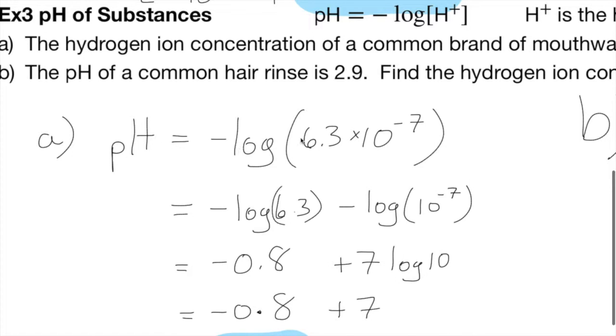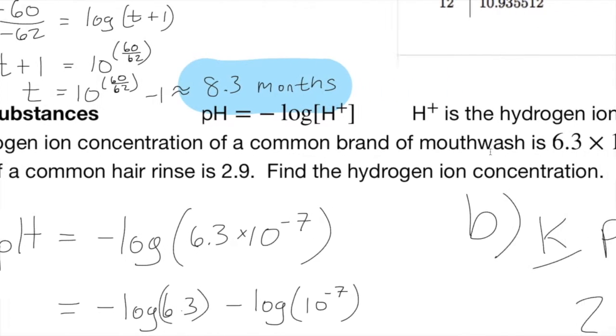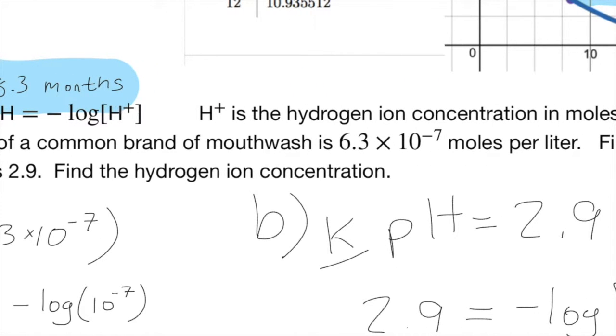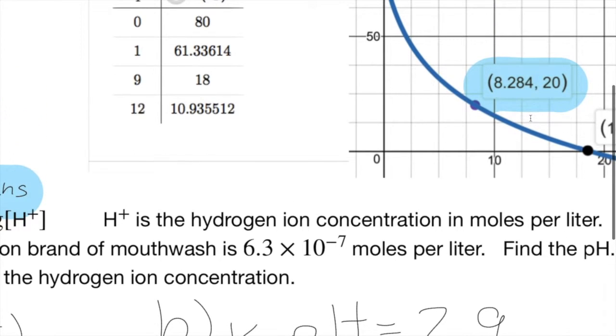It's defined mathematically based on the concentration of moles. So this input right here, H plus, in these brackets, means moles per liter. Those are the units on the input.